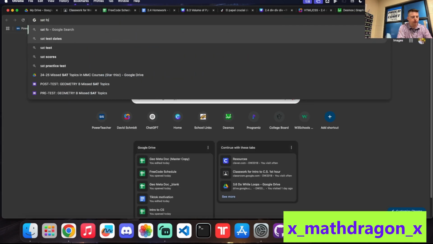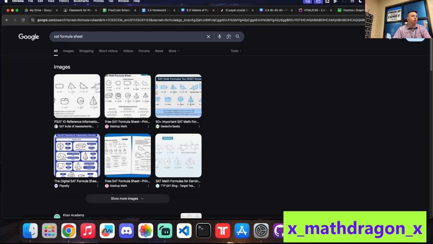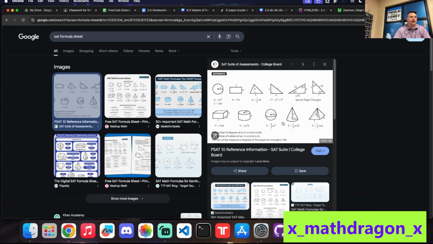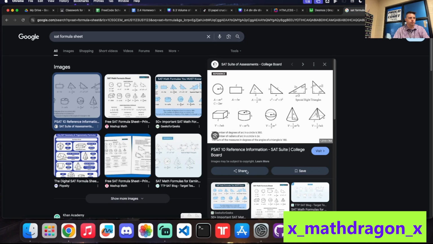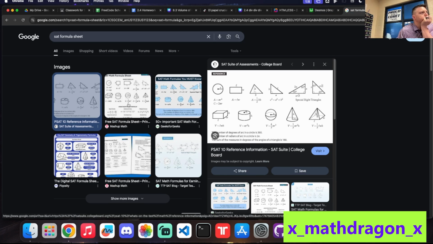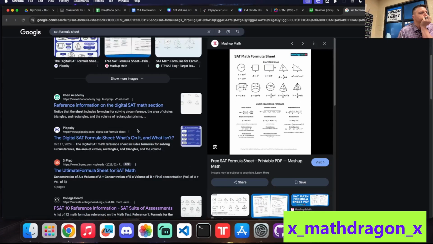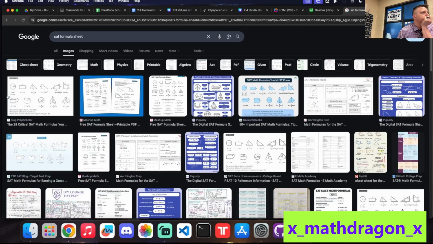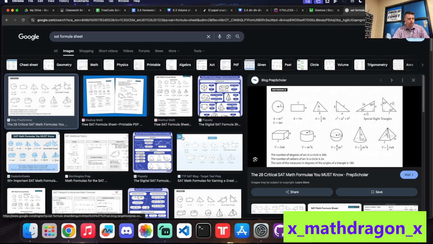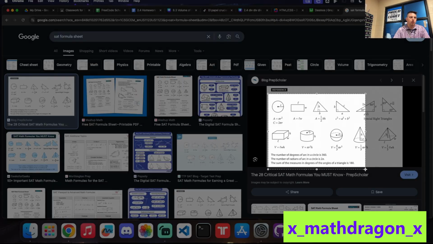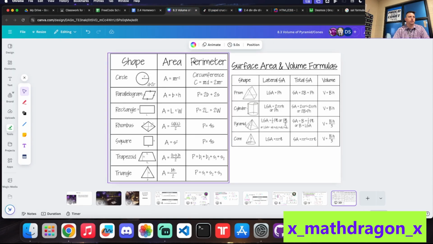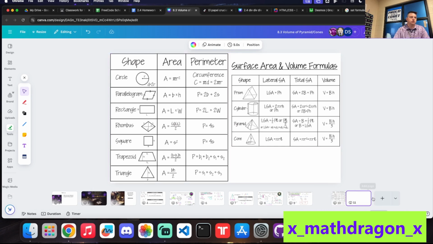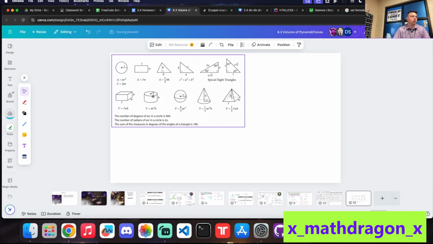It's a formula sheet. So when we look at the formula sheet for the SAT, here is the 2 formula sheets I gave you, but this is going to be your focus.